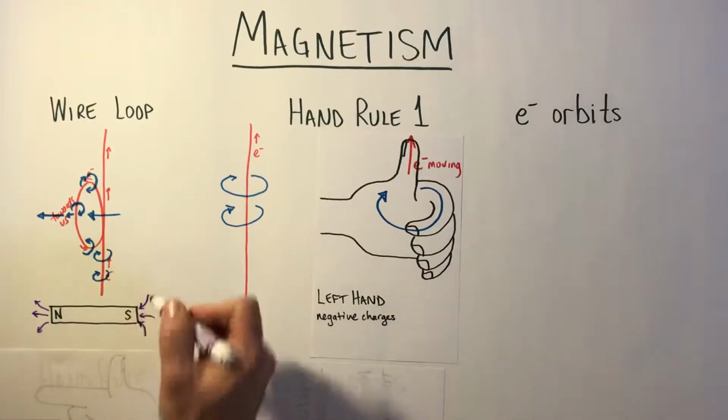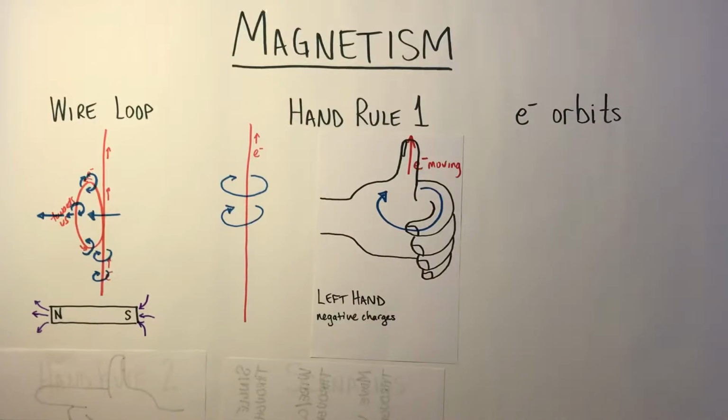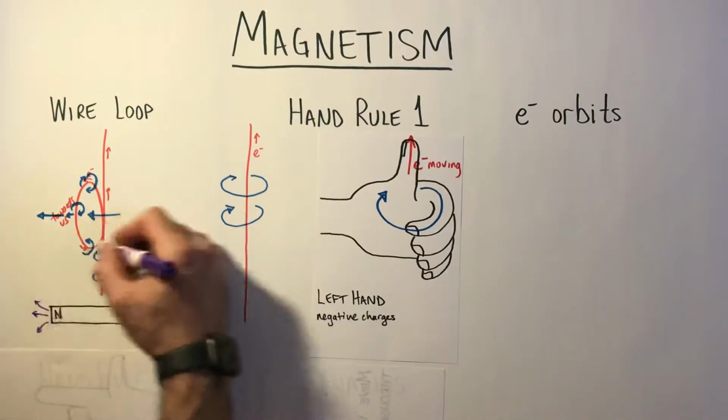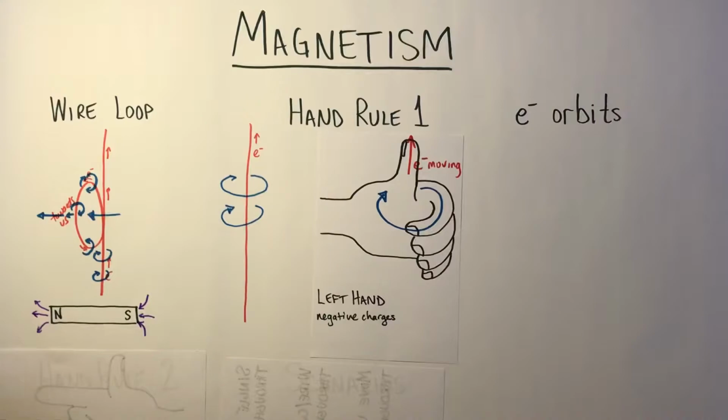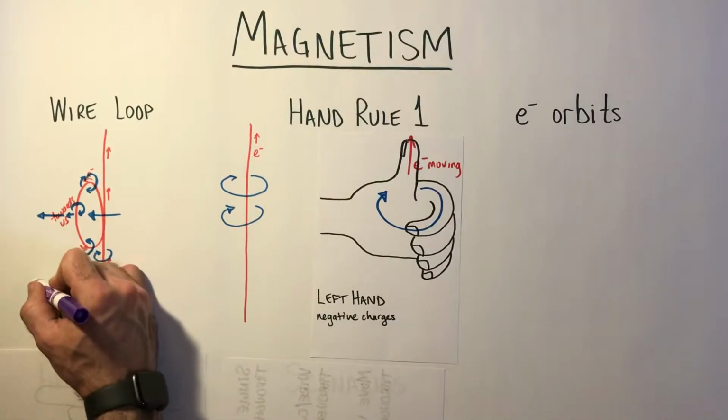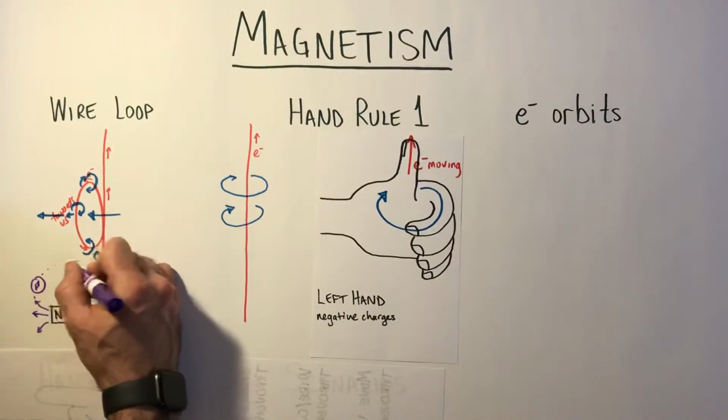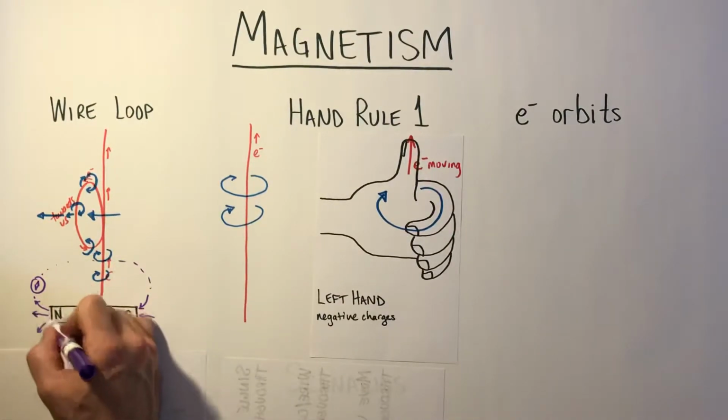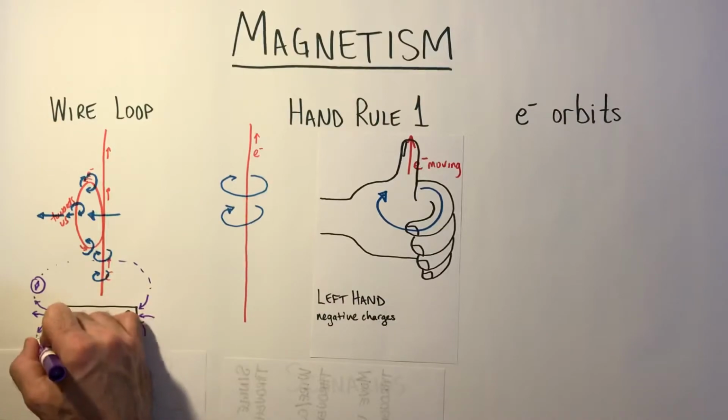Now, if you're wondering, why, what is that stuff? If you've ever seen pictures before of iron filings sitting on a piece of paper near a magnet, the filings line up with these magnetic field lines. Or if you put a compass in place here, the compass needle would line up with these magnetic field lines.